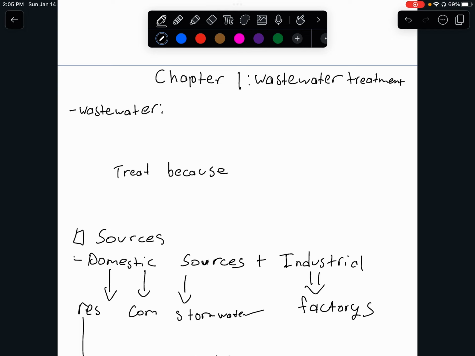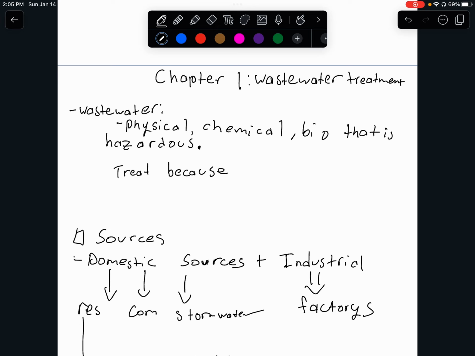All right. So wastewater is divided into 3 parts: physical, chemical, or biocontaminants. That's bad for us, or hazardous, that can be discharged into the environment.